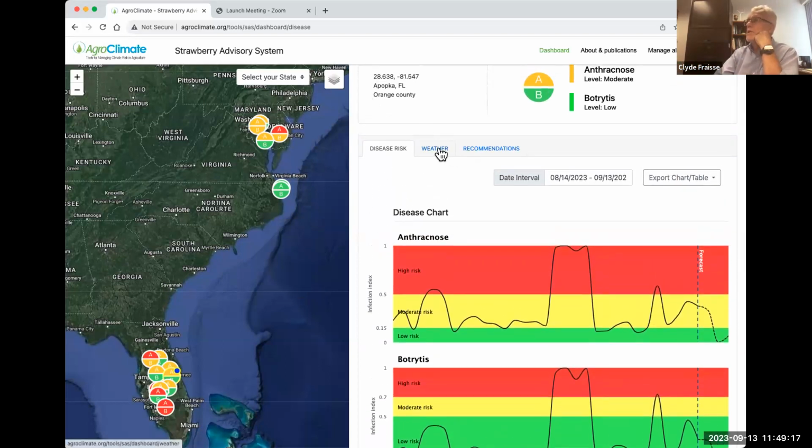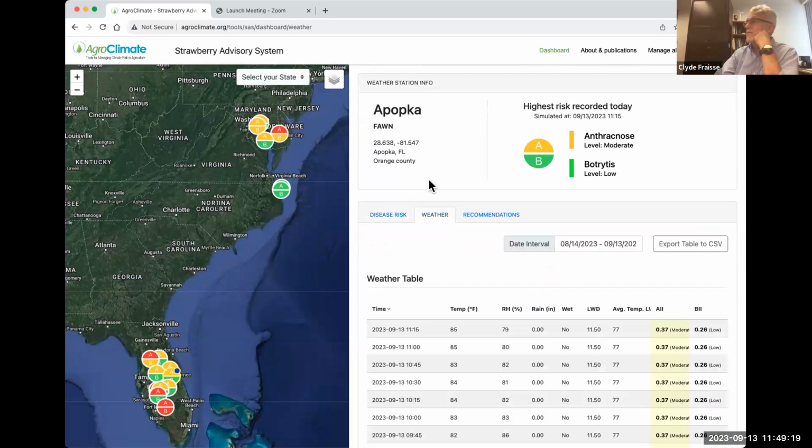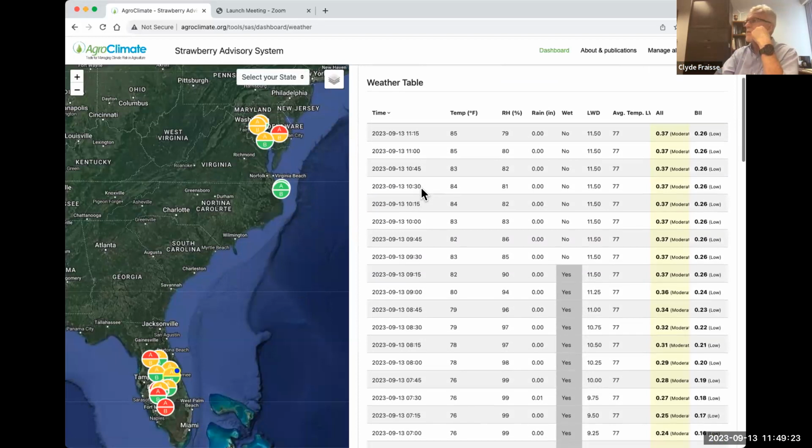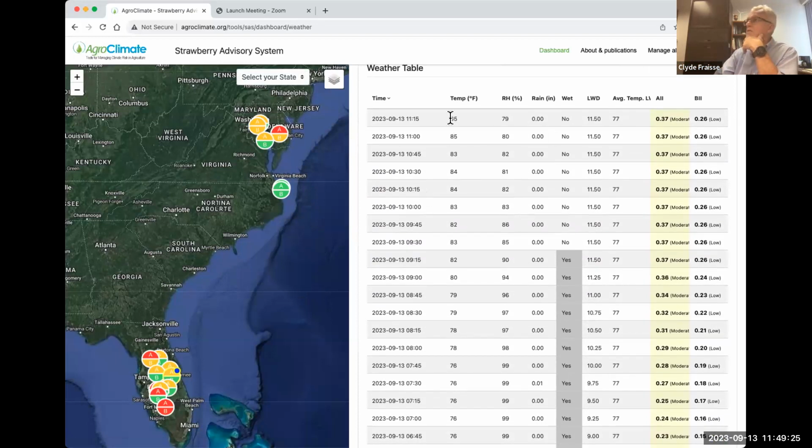You can look at the weather for that location as well. You can export that to a CSV table, and that will give you the temperature, the relative humidity, the number of leaf wetness hours, if it's wet or not at that particular time. Once it's wet, it takes a while to dry. We expect 4 hours.